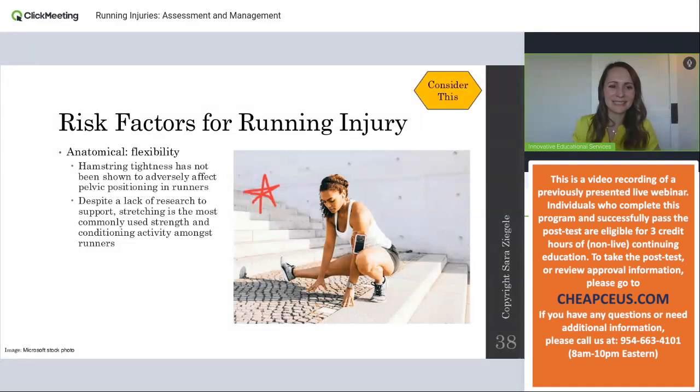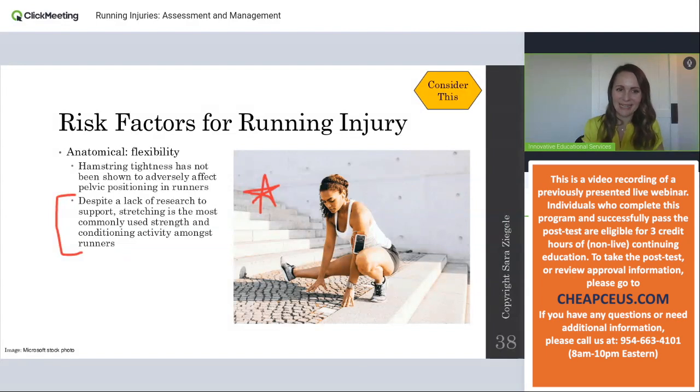So despite a lack of research to support it, stretching is actually the most commonly utilized strength and conditioning activity amongst runners. So if a runner is out there and just going to do one other strength and conditioning thing to support their running program, most commonly they're going to choose stretching over plyometric training or strength training or any of these other modalities.